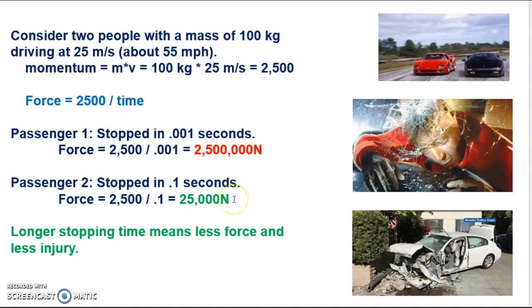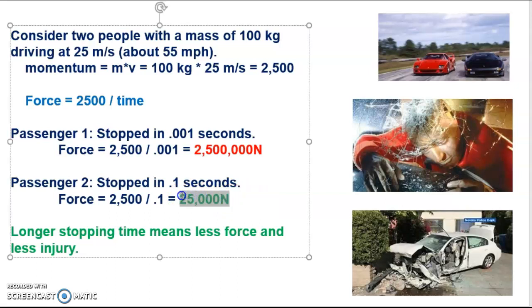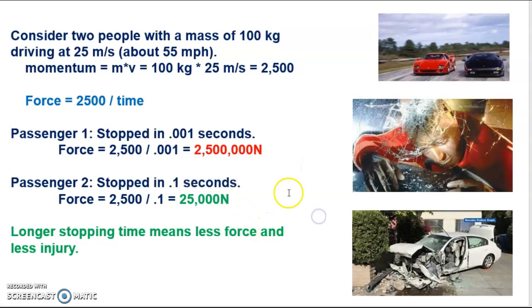And so in this case, the passenger might walk away, might have bruises from their seatbelt, might have some pain in their ribs and pain in their body, but they can probably walk away and survive a crash because they never experienced any forces greater than 25,000 newtons. Whereas if their body stops more rapidly, if they slam into something and come to an extremely abrupt stop, maybe stopping only in a thousandth of a second, they experience a much, much larger force.